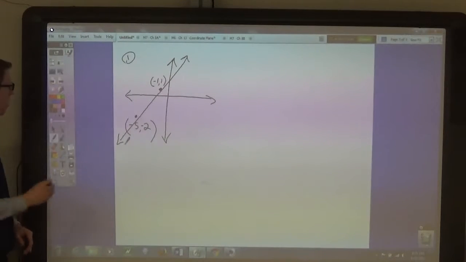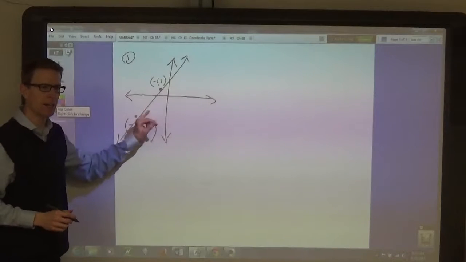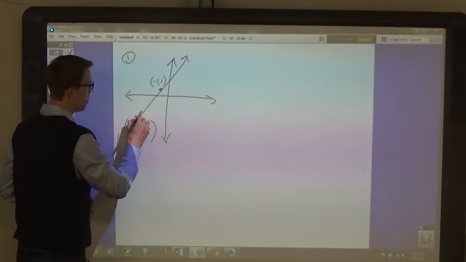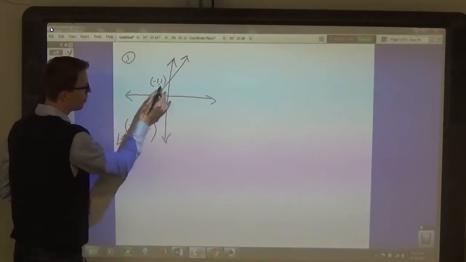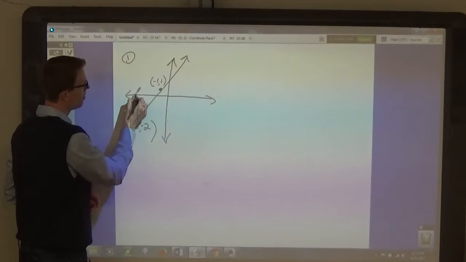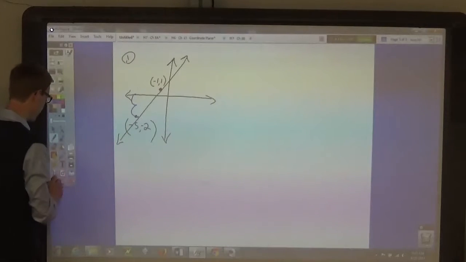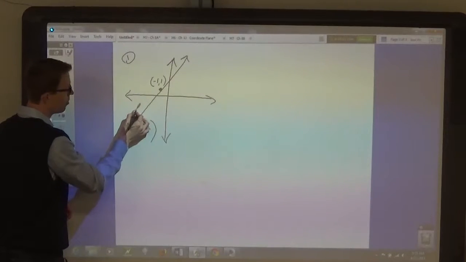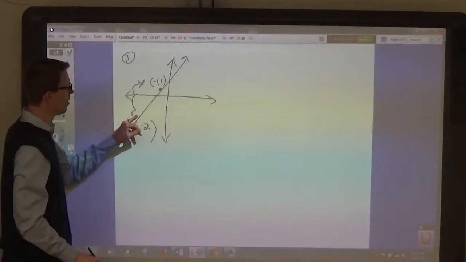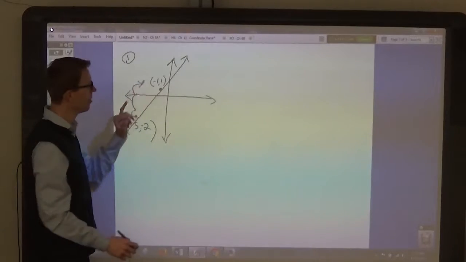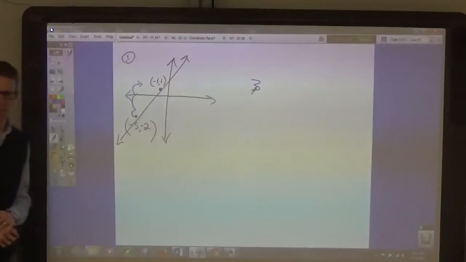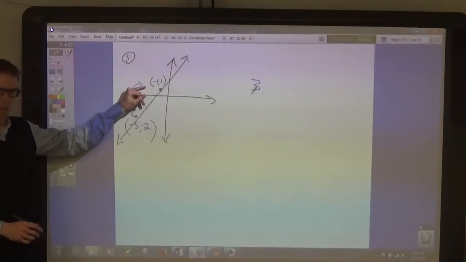Now, if you're given a line and you count up and over, you can count from -2 to 1 first. So -2 to -1, -1 to 0, and then 0 to 1. Those spaces. And so that's a rise of 3. There's 3 spaces up, right?